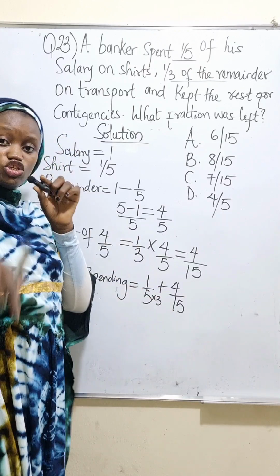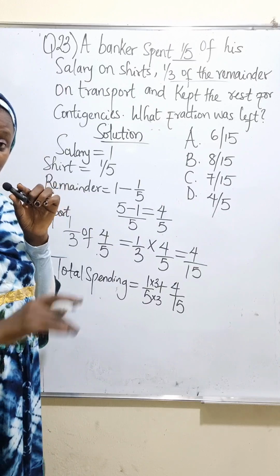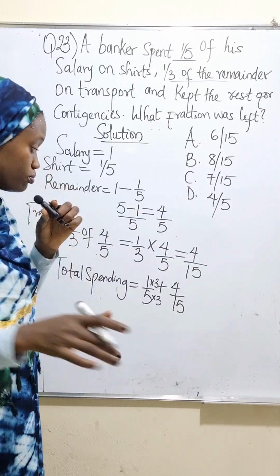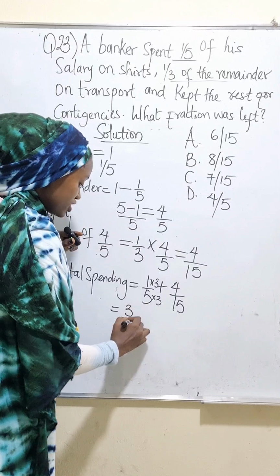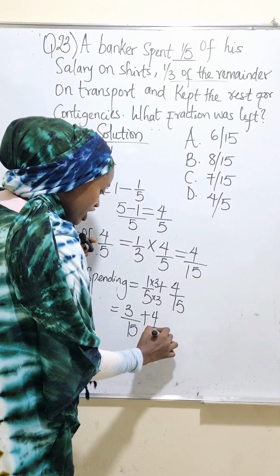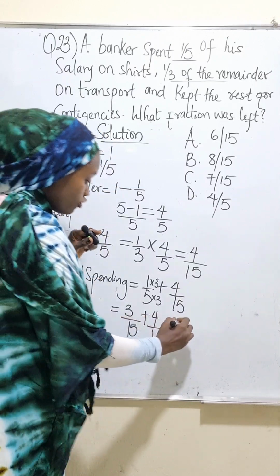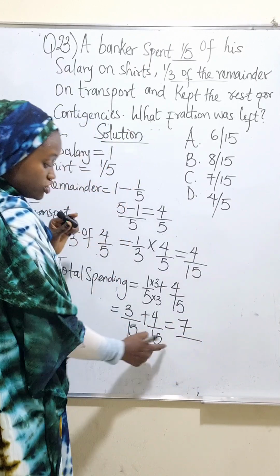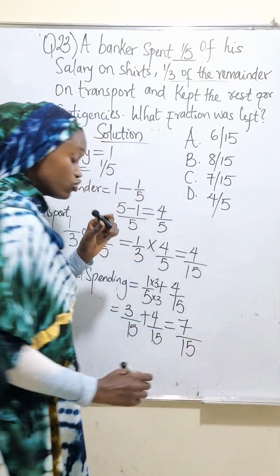Whatever I do to the denominator, I also do to the numerator. So 1 times 3 is 3 over 5 times 3 is 15, plus 4 over 15. Now I have a common denominator. So this is 3 plus 4, which is 7, over 15. The denominators are the same, so we pick one of them. So this is 7 over 15.